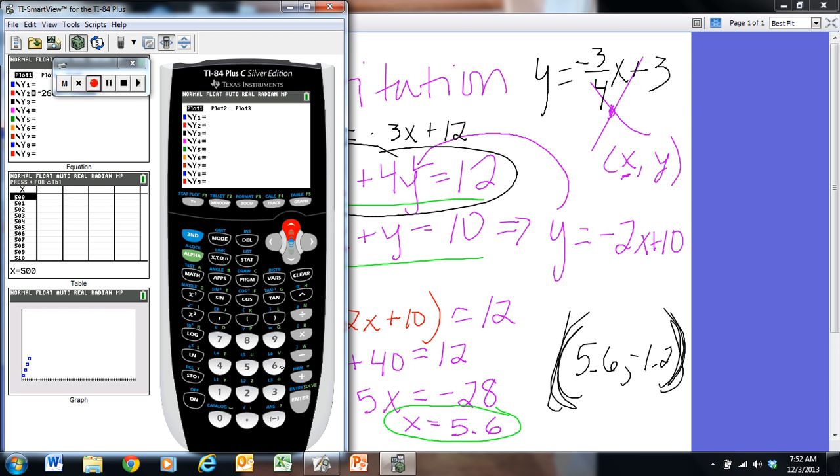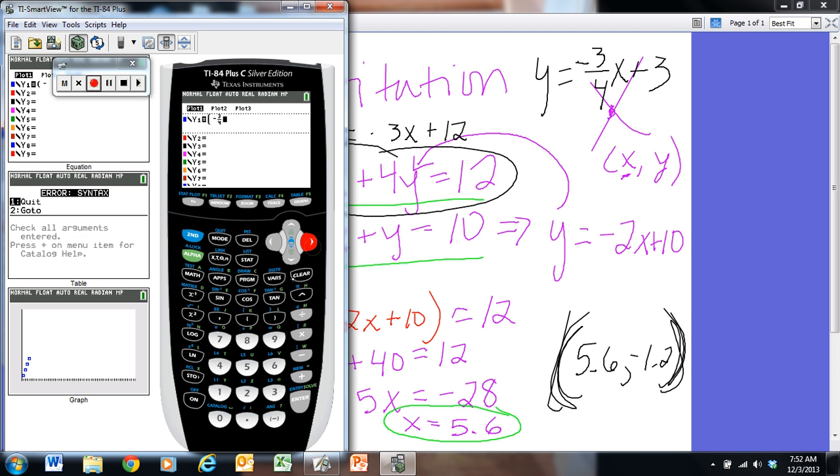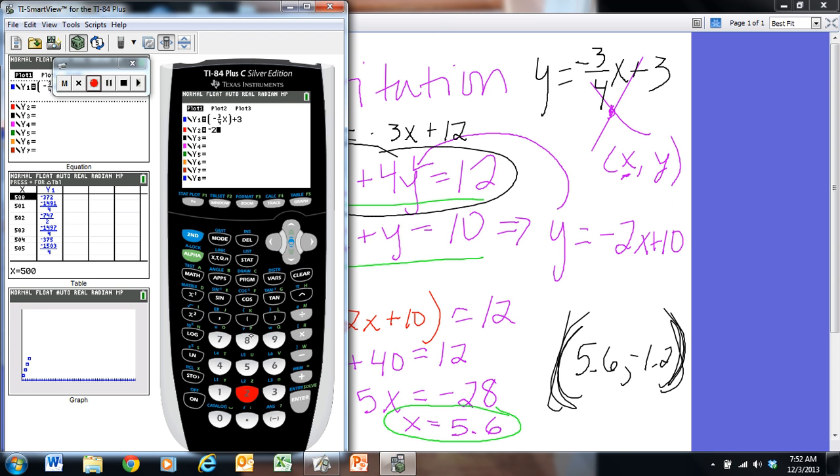So in y equals, I'm going to use my fraction button because I like it. Negative 3 divided by 4 x plus 3. In the other equation, we solved it right here, negative 2x plus 10.